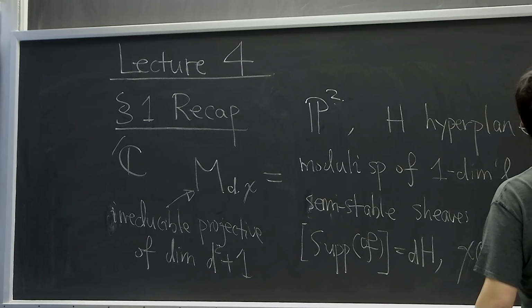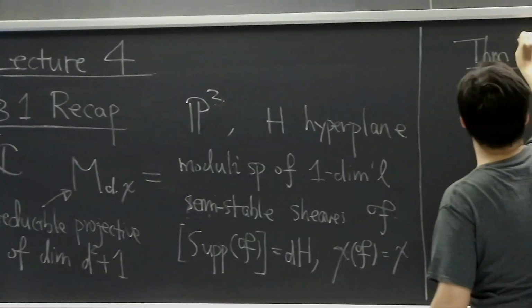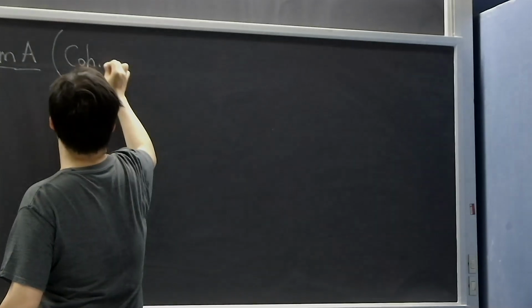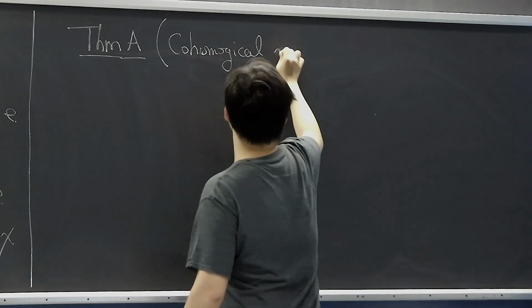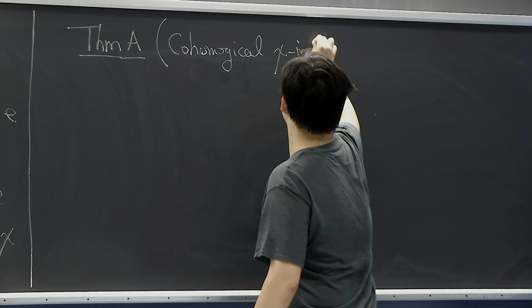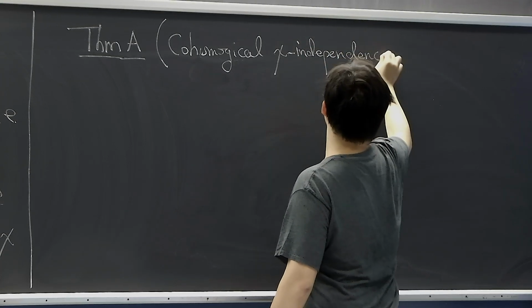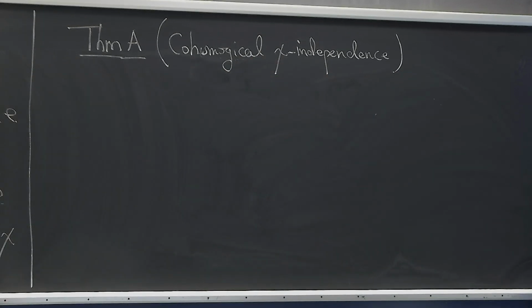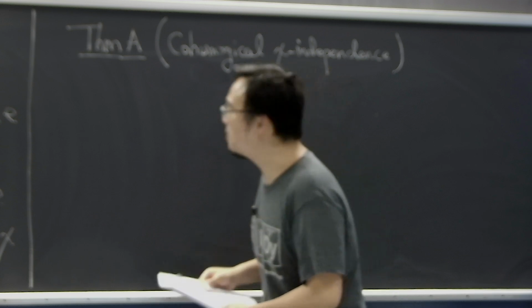There are two theorems I want to cover by the end of the lecture series. The first theorem is the cohomological chi-independence. Yukinobu already mentioned this chi-independence phenomenon very briefly in his lectures. This is a phenomenon in enumerative geometry, in particular for the BPS invariants.